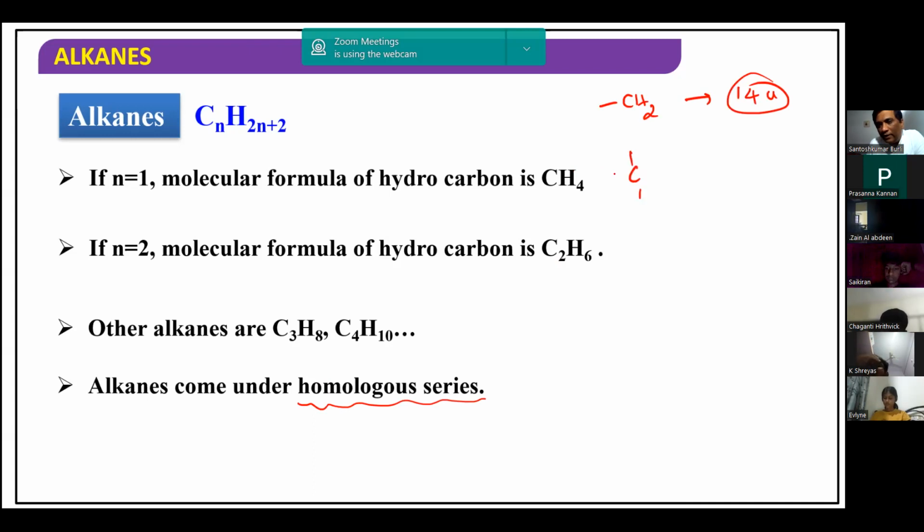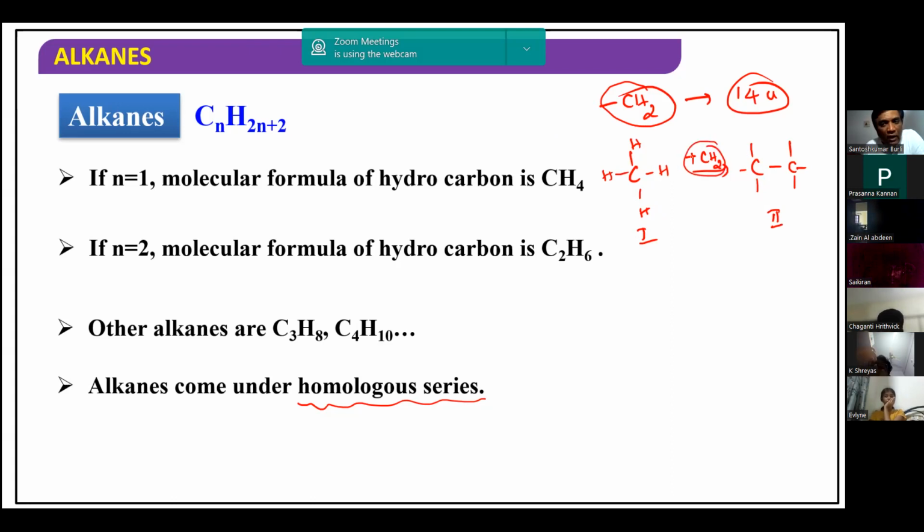For example, taking methane as the first member, the next member is C2H6. The difference between the first and second member is CH2, so if you remove one hydrogen and add CH2, you get C2H6.